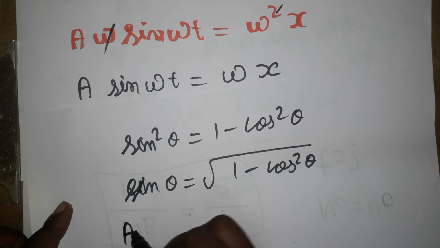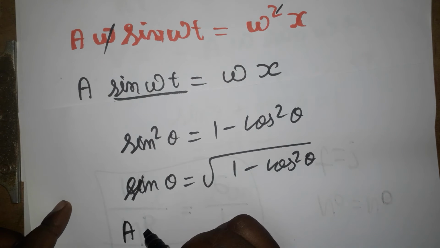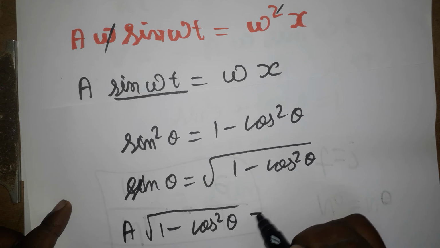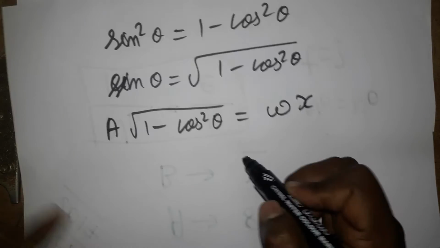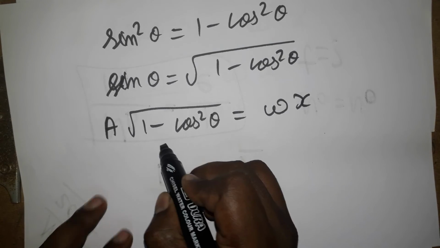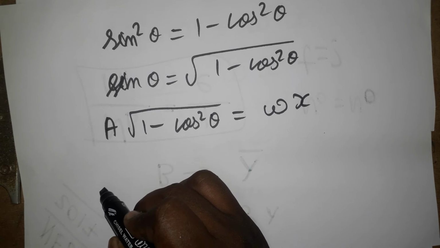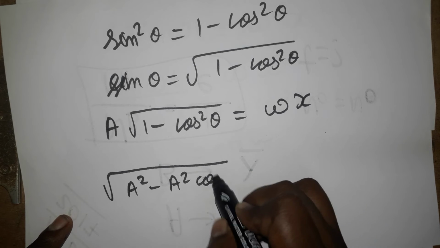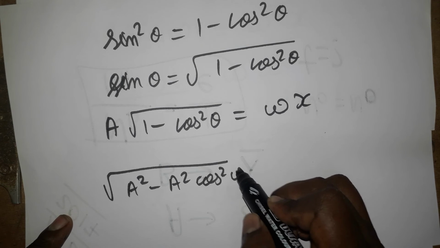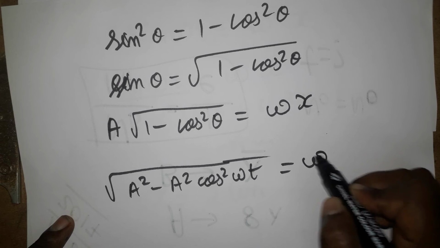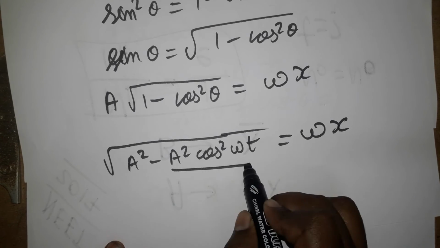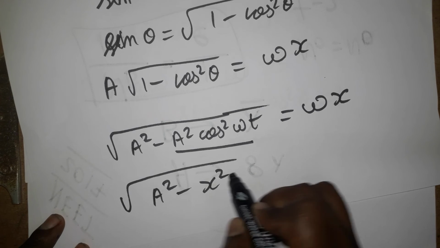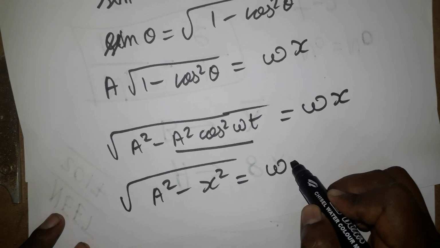So A times root of 1 minus cos square theta is equal to omega x. When we take A inside, it becomes A square. So it is root of A square minus A square cos square omega t, and A cos omega t is x. So root of A square minus x square is equal to omega x.